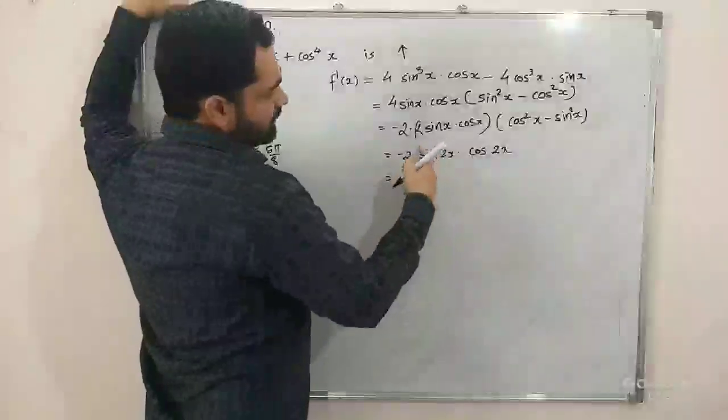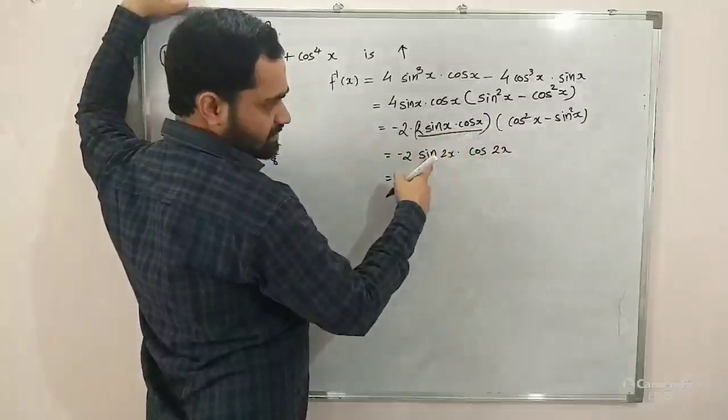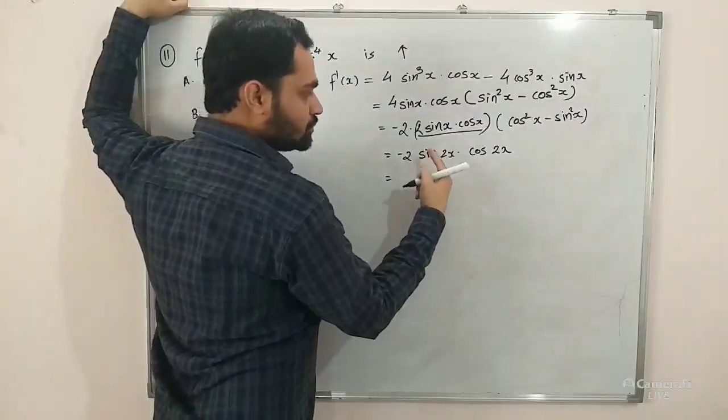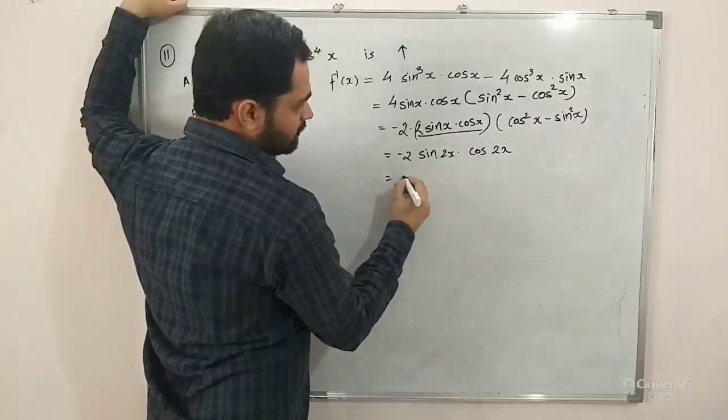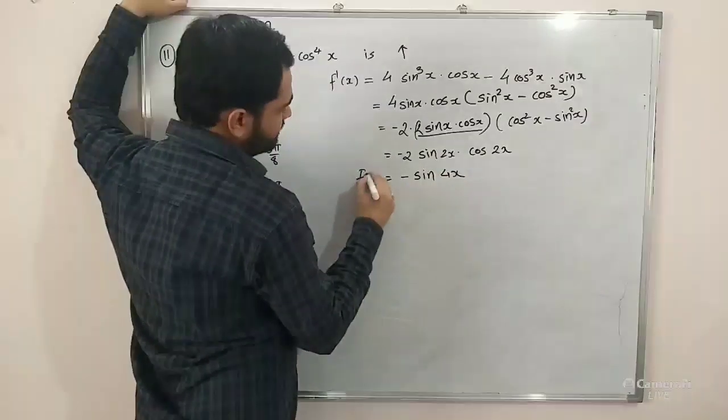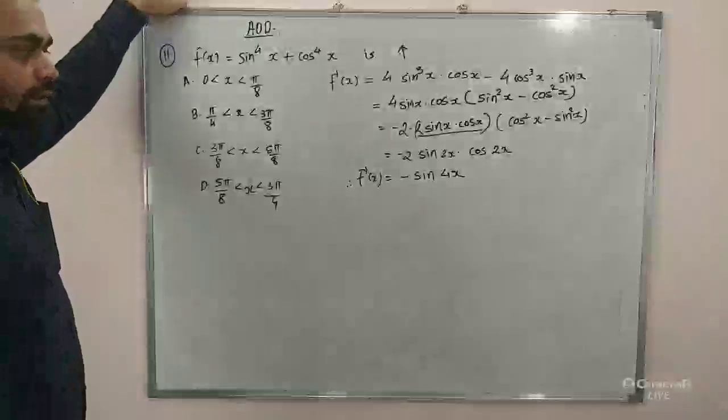Again, we can apply 2 sin x into cos x is sin 2x and cos square x minus sin square x is equal to cos 2x. Now 2 sin 2x into cos 2x, it means we have to double the angle. It means it is minus sin 4x.